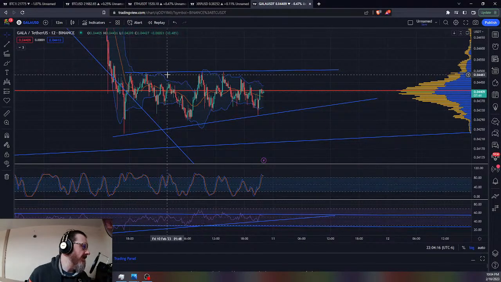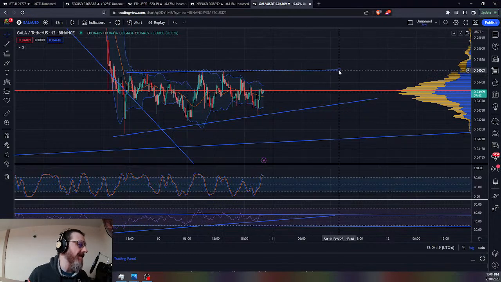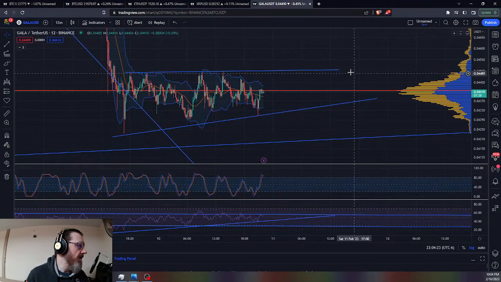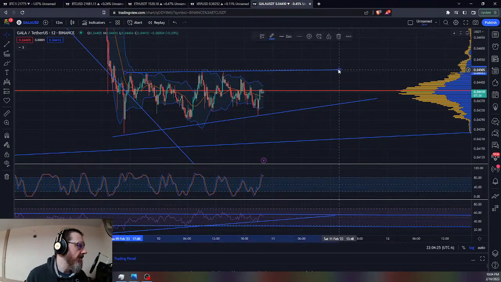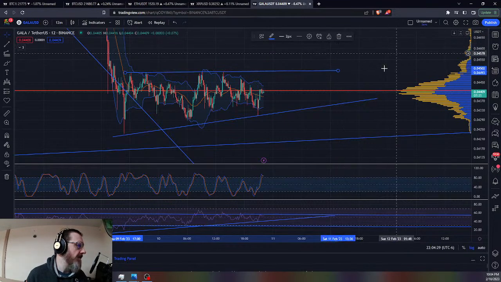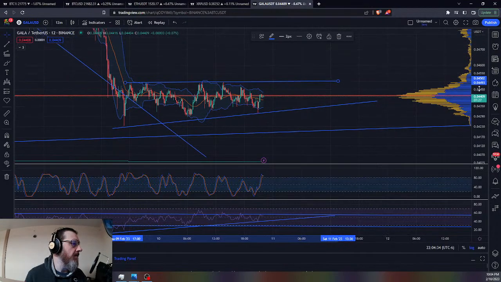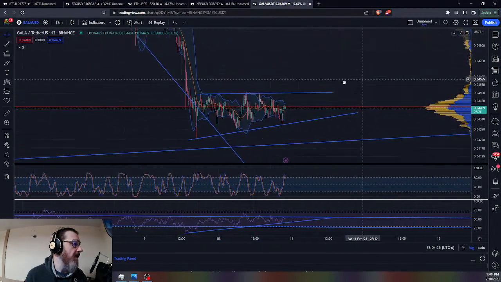It's just slightly rising on the top, but we can call that flat for all intents and purposes. In terms of that price action, that's flat, and this really creates what you would say is an ascending triangle.